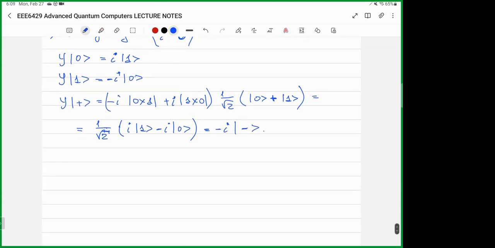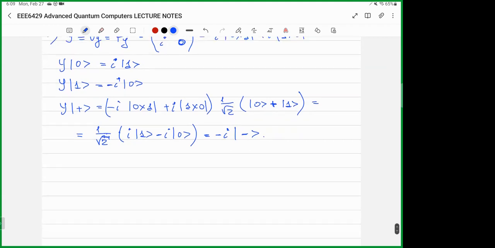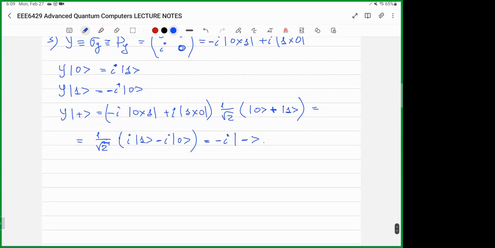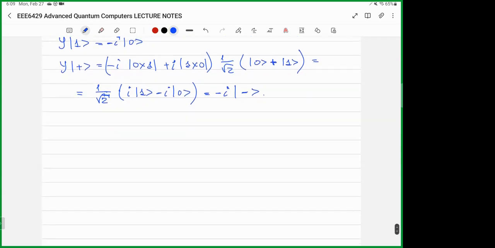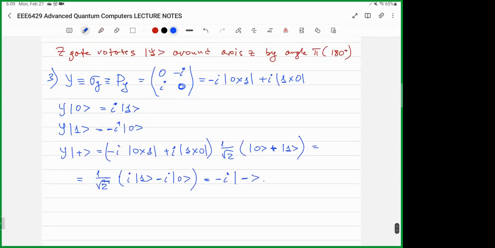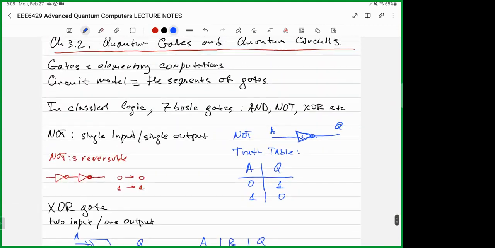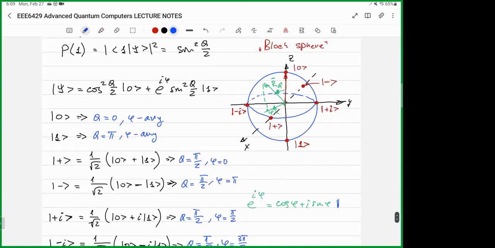So it flips the states 0 and 1, plus and minus, and now we see that the behavior follows this logic.